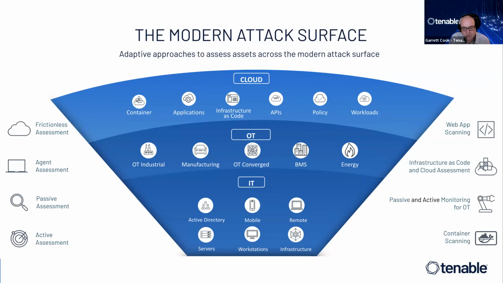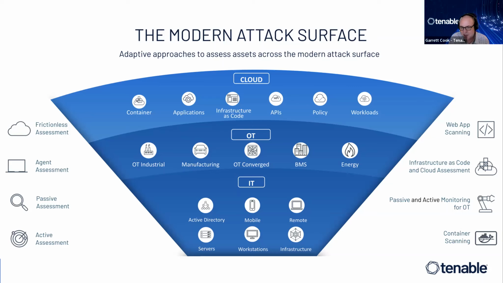IT infrastructure that most of our customers are familiar with and tackling today to some order of magnitude, but now increasingly converged infrastructure and critical infrastructure around operational technology, things that control stuff in the real world, as well as wholesale shifts to cloud.